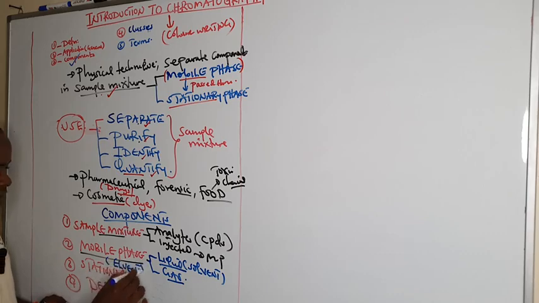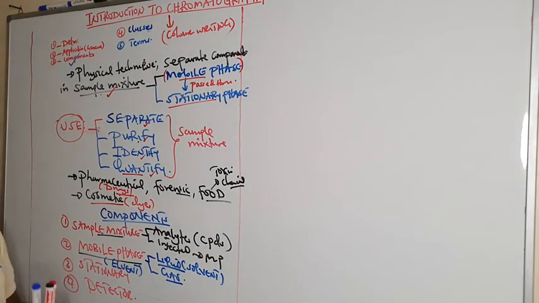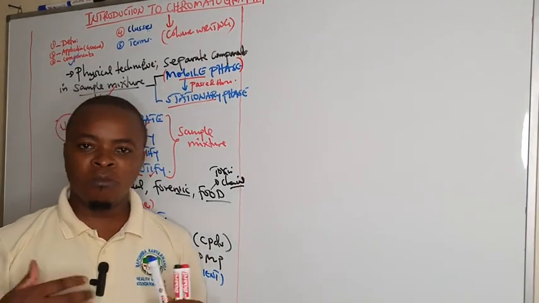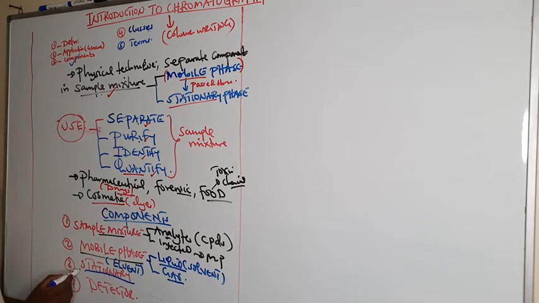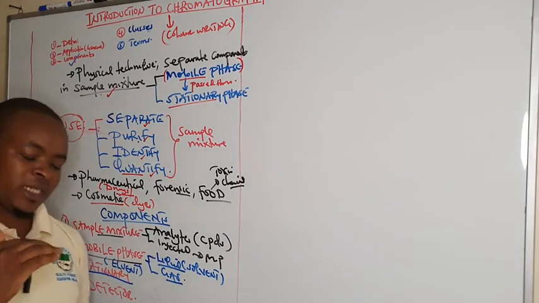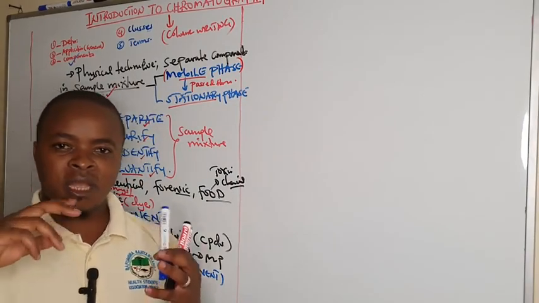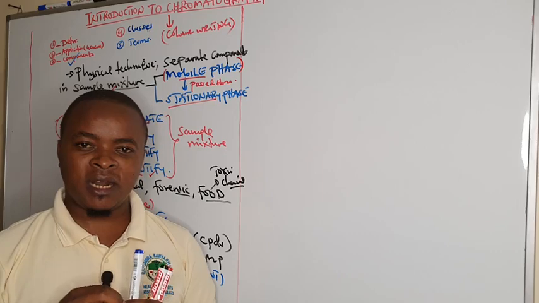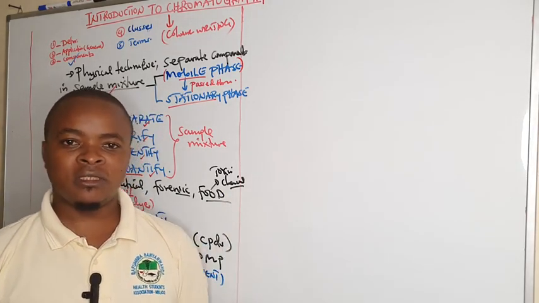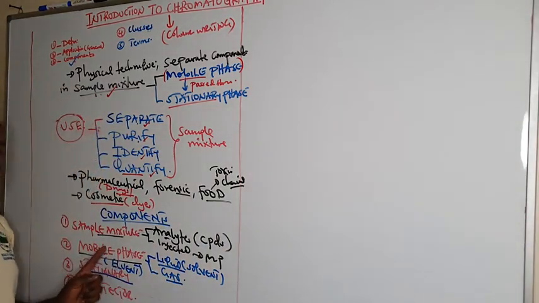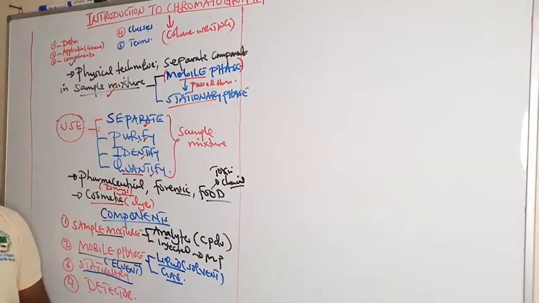This is the eluent. It is the one that transports or moves the sample mixture containing different analytes to the stationary phase. So it is always moving the sample.